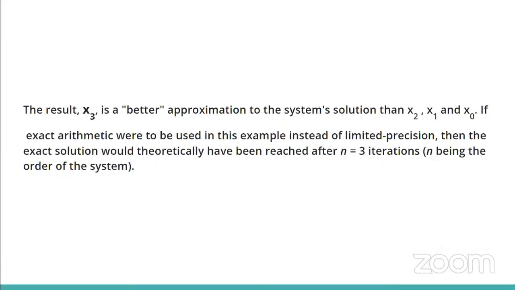Result x3 is a better approximation, like I told you, than x2, x1, and x0. If exact arithmetic were used in this example instead of limited precision, the exact solution would theoretically have been reached after n equals 3 iterations, that is, after the third iteration, n being the order of the system.